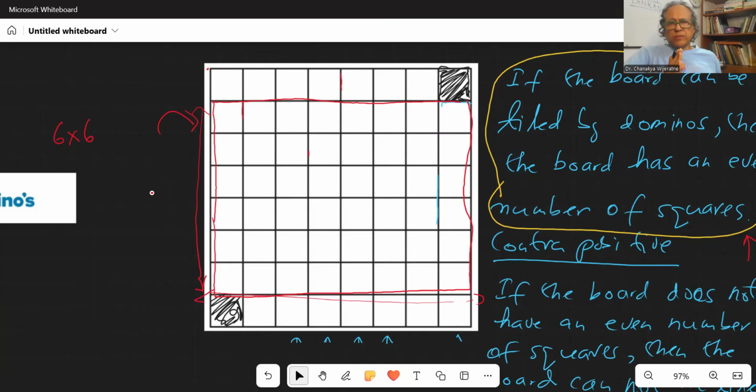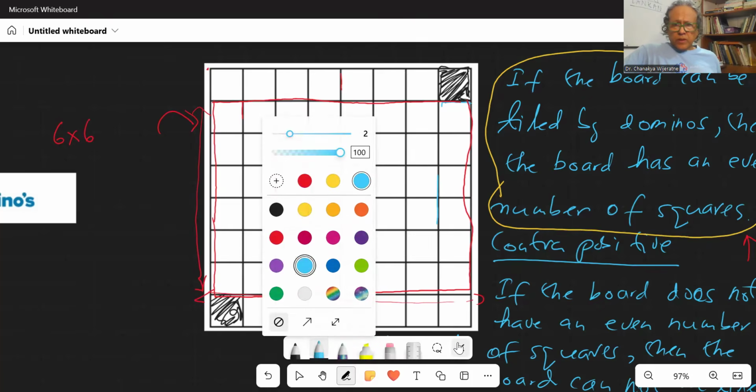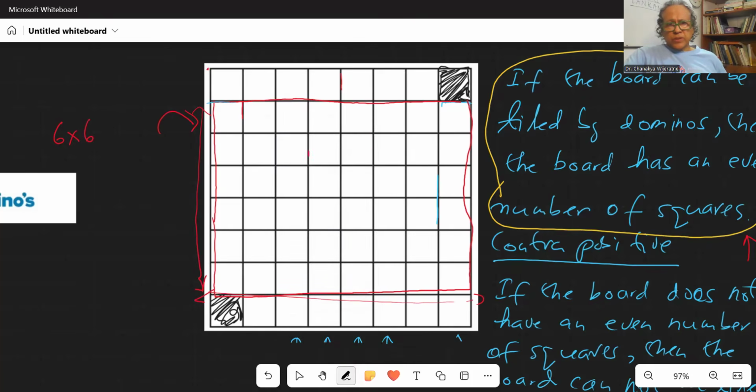So each column has 6 squares, right? So we can tile each column with 3 tiles, right? So here we can tile each column by 3 dominoes, like this, right?